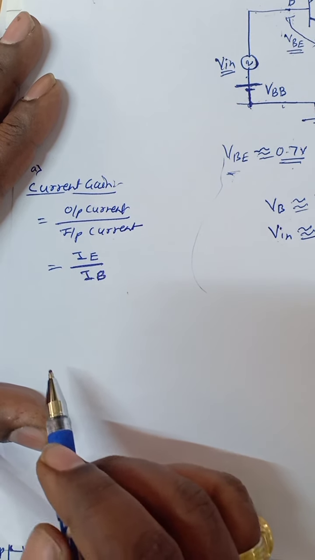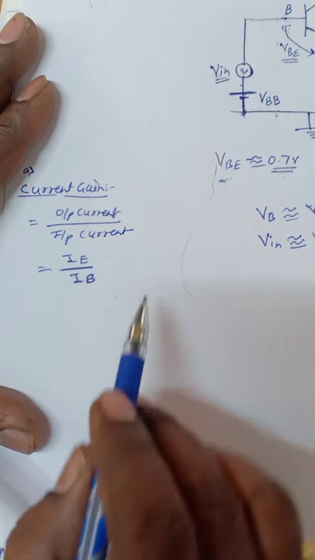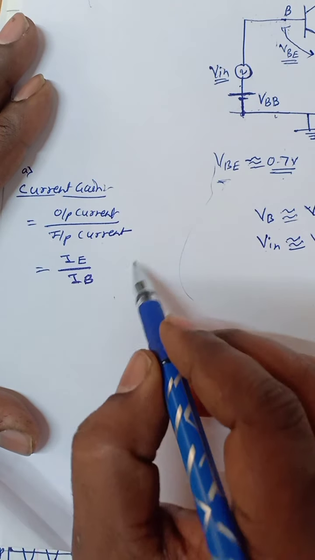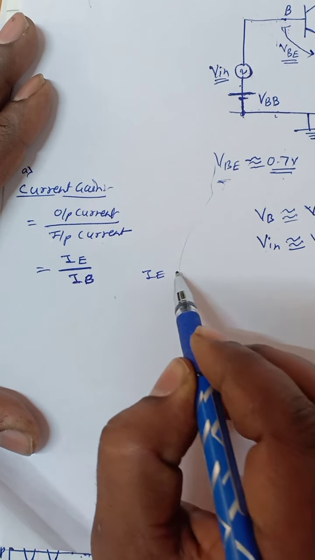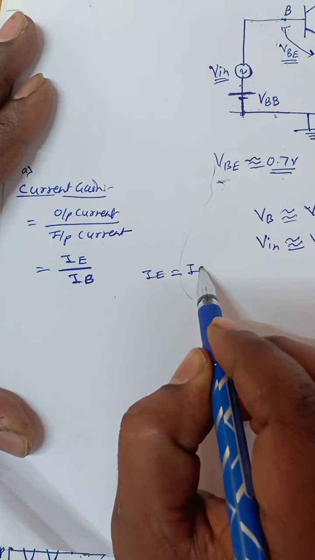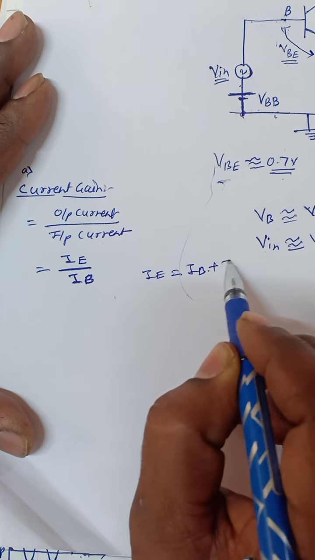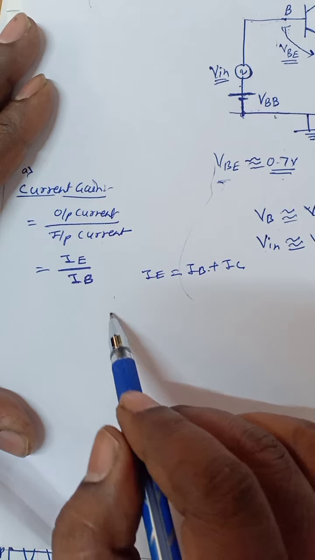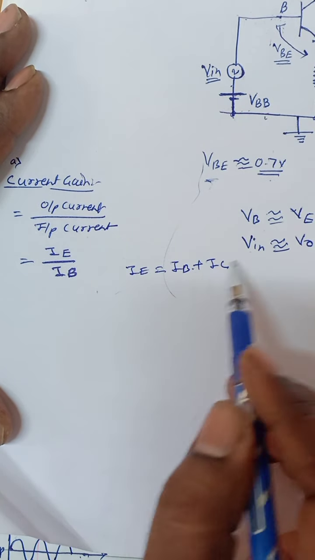So IE divided by IB. We very well know that IE equals IB plus IC.